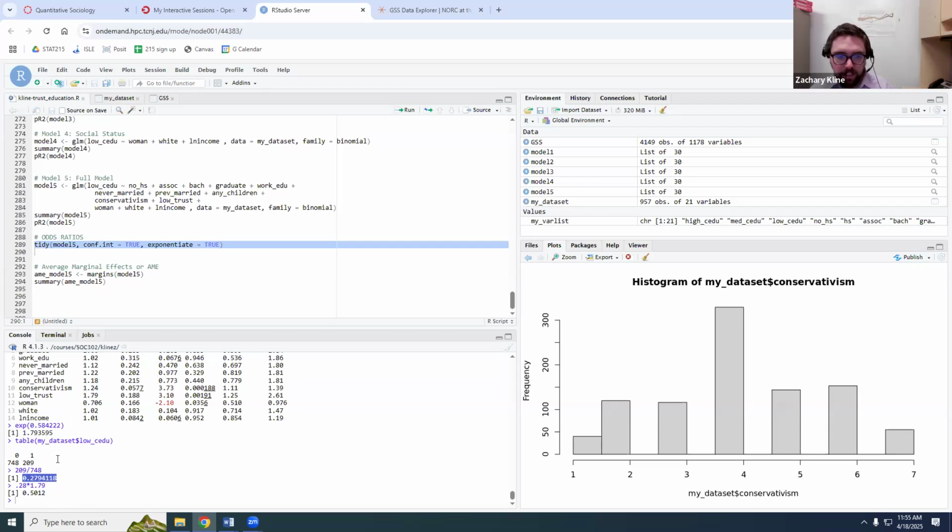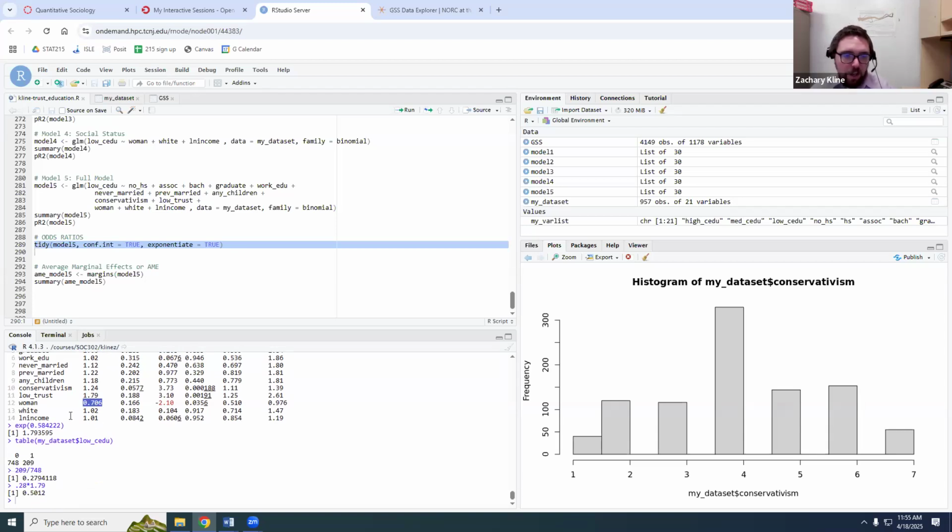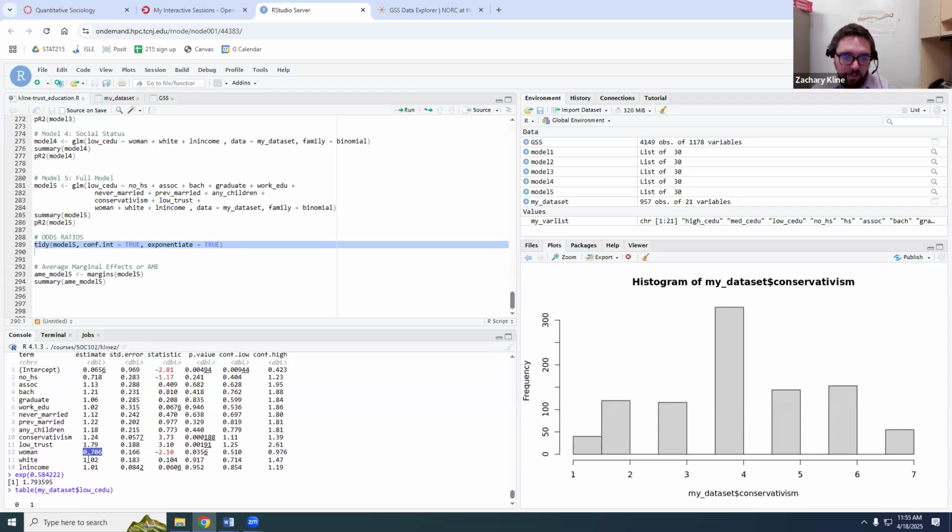Okay, this is getting a little tough to wrap our heads around, so I want to do one more example of this, and I'll do a negative one. So this effect is negative. This is saying that compared to men, women are less likely to have low confidence in education by a factor of 0.7.